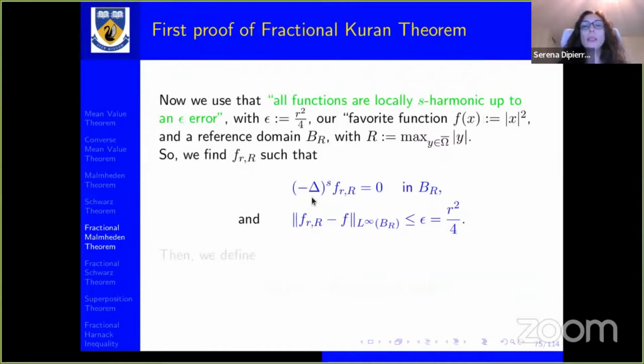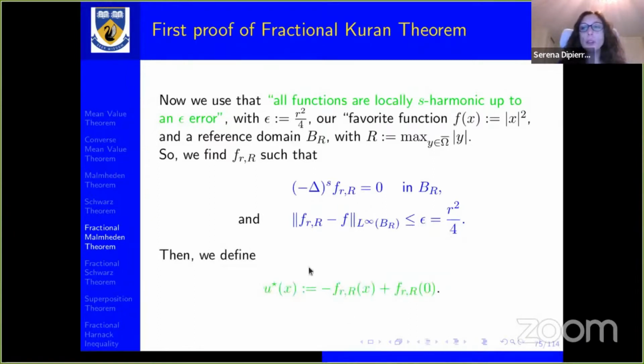So I can find a function f_{r,R}, which depends on epsilon, which is r squared over 4 in this case, and capital R, such that this function is s-harmonic in B capital R, and it is very close to f in BR. Very close means that the L infinity norm of the difference is below epsilon, which is r squared divided by 4.